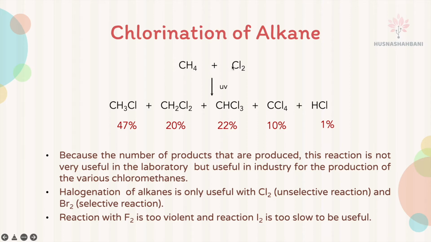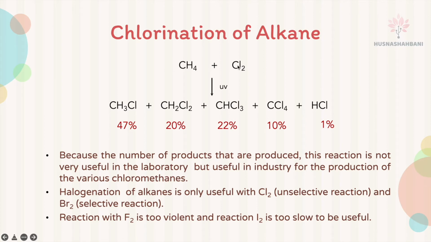Chlorination of alkane means the alkane reacts with halogen chlorine in the presence of UV light, and the chlorine will replace hydrogen in the methane. It keeps replacing the hydrogen: more Cl replaces the second hydrogen, then the third, and then all the hydrogens. The side product is HCl.